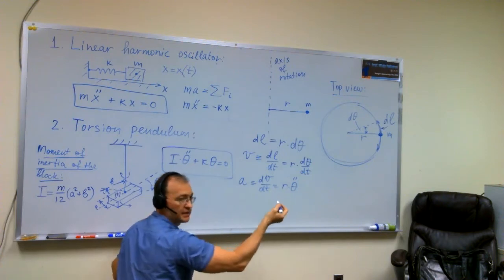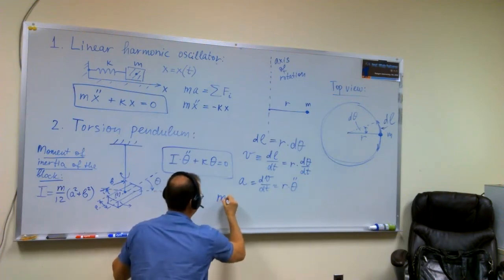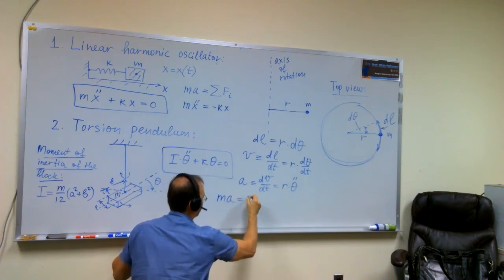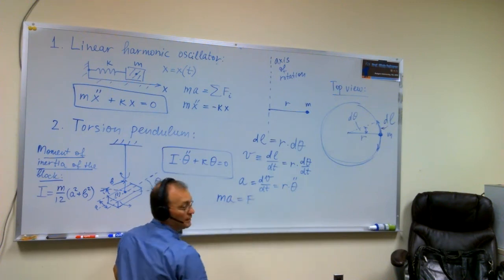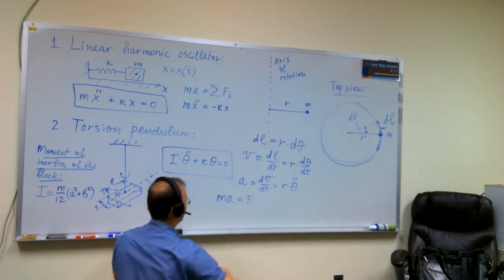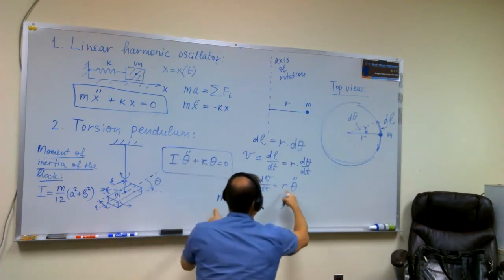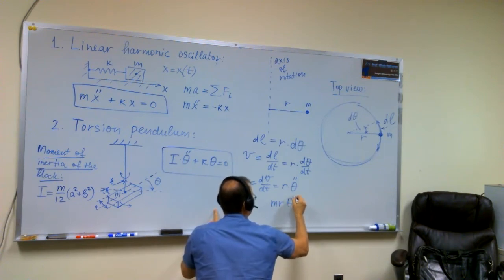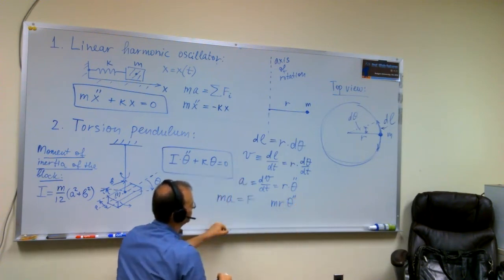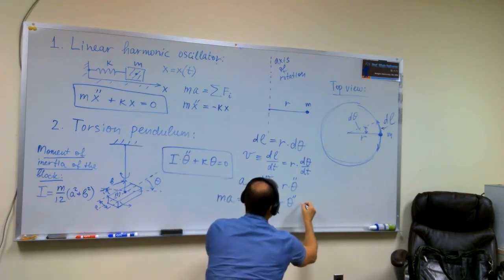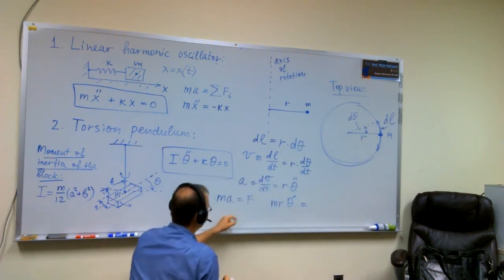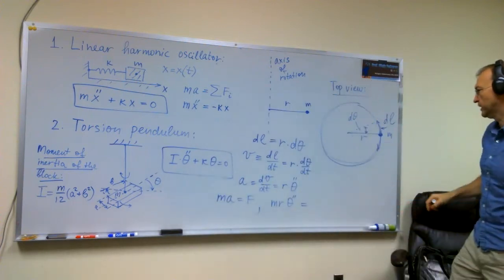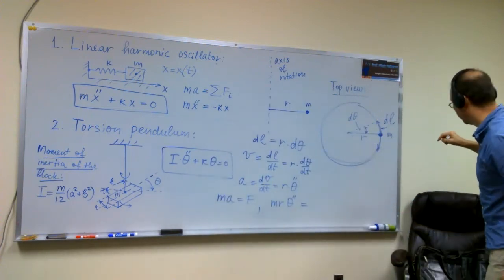Then what I will write is the following. I need to write Newton's second law. ma equals the net force acting on that point mass, right? So ma is this, so mR theta double prime equals, what kind of forces do we have here?